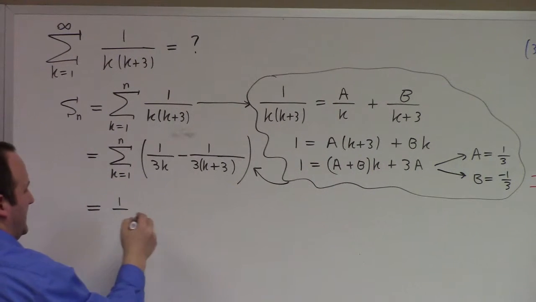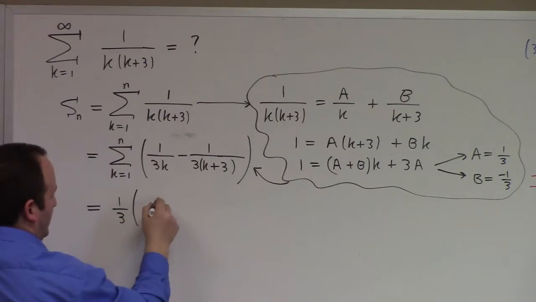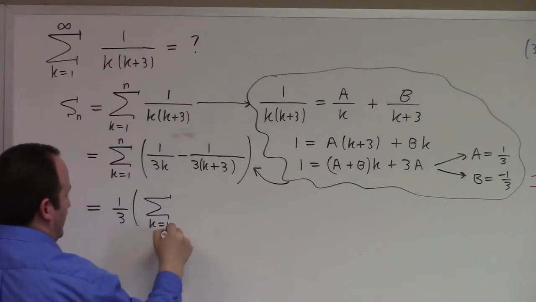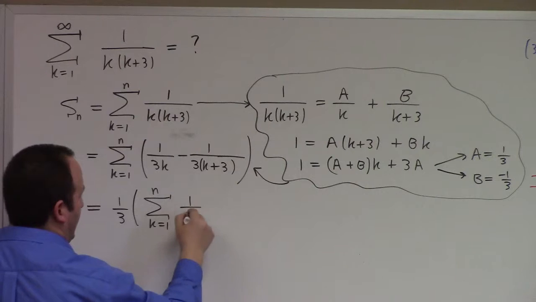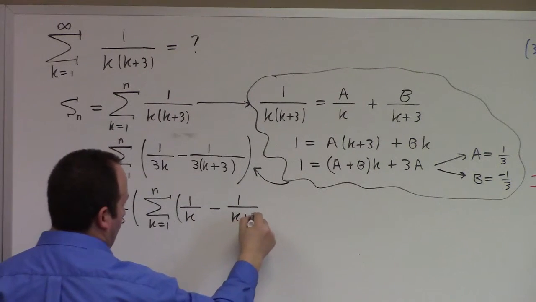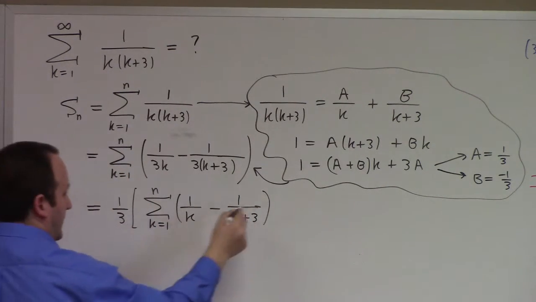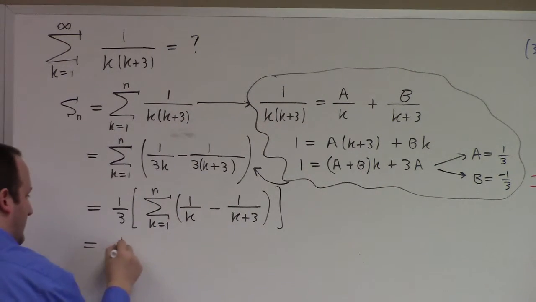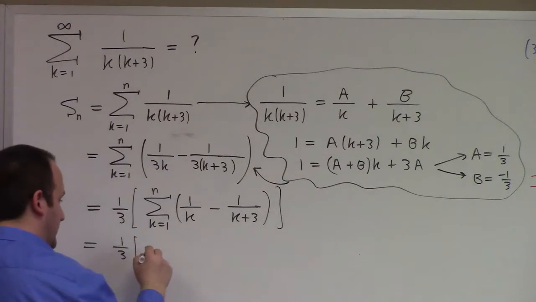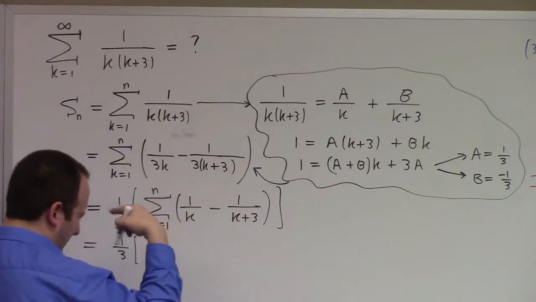Let me just factor out the third, because otherwise it's just stupid, right? So this is 1/3 times the sum, k equals 1 to n, of 1/k minus 1/k plus 3. There, that will make life easier. Leave that 1/3 out front. We got 1/3, and then you just start going. So we got 1 minus, k equals 1, 1/4, right?